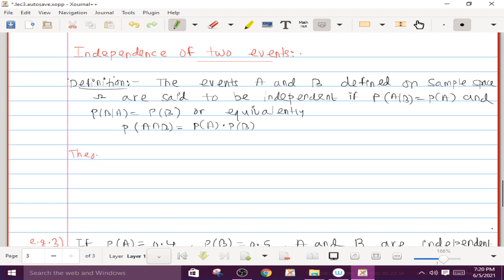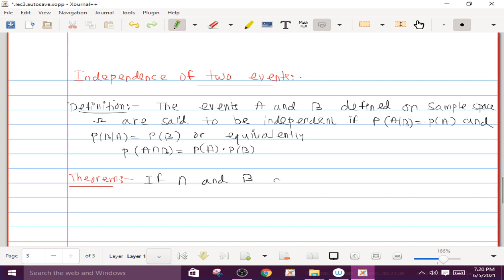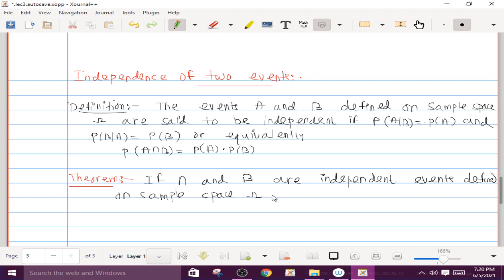Okay, one theorem we will see here. If A and B are independent events defined on sample space omega, then what?